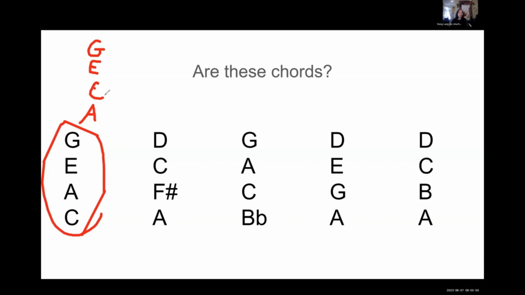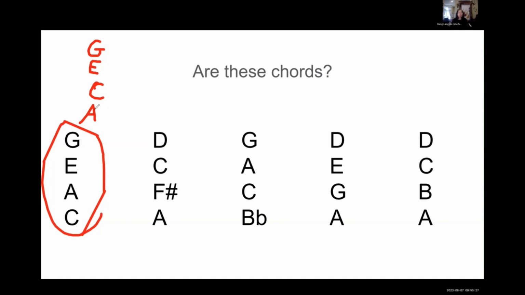This is the unscrambling of it. A, skip B, C, skip D, E, skip F, G. This is the original format. This is just scrambled, but it's this chord. If we're going to name this chord, we have to unscramble and then we name it.